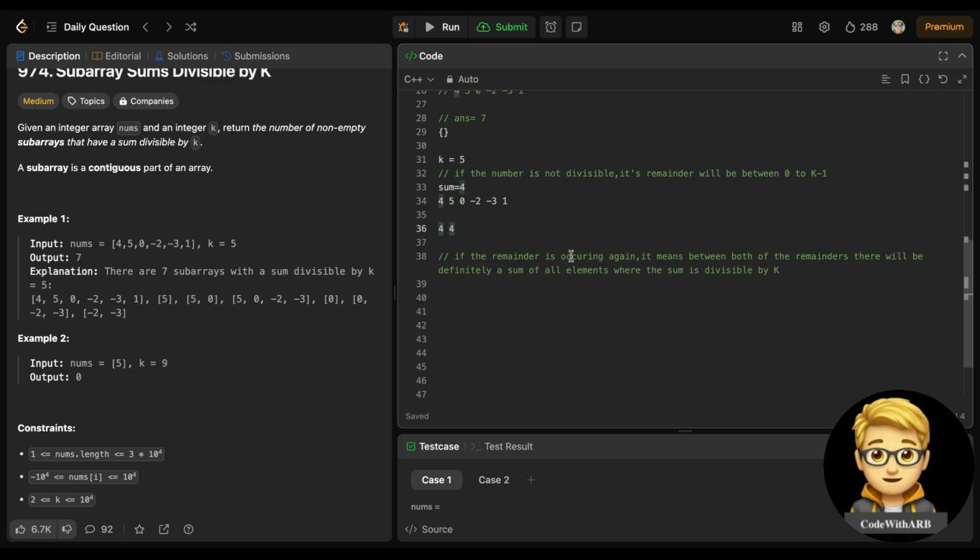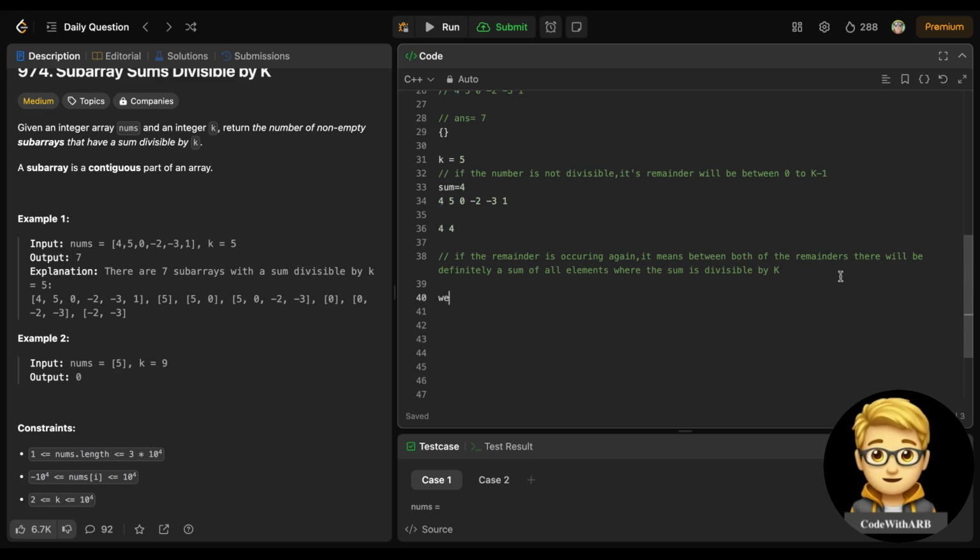If you get the same remainder after taking the modulus of the summation, it means between both of the remainders, the summation of elements must be divisible by k. When you add numbers, the sum should increase. But if the remainder is not increasing and is the same as the previous one, it means the sum of the numbers in between must have become zero modulo k at some point.